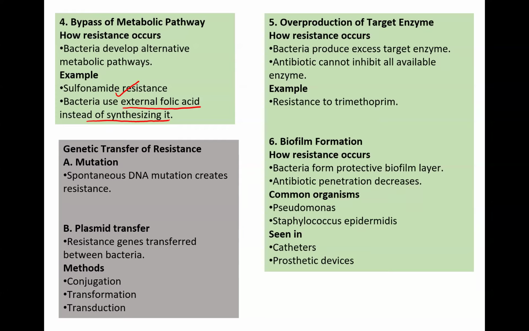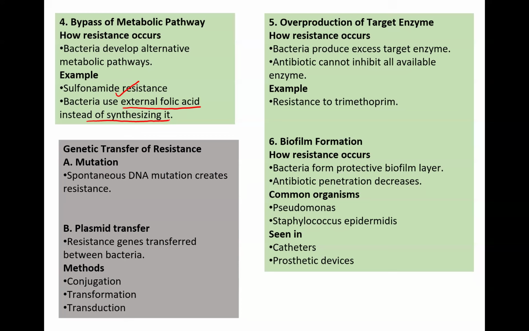Okay. Next is overproduction of target enzymes. That means bacteria produce excess target enzymes. So the antibiotic concentration which is given is not able to inhibit all the enzymes. This is the reason for resistance to trimethoprim. Next is biofilm formation.